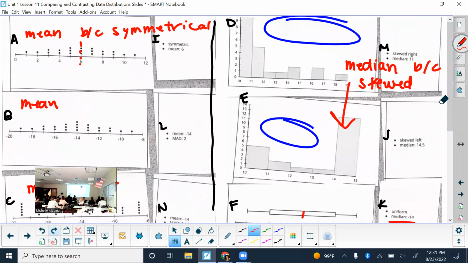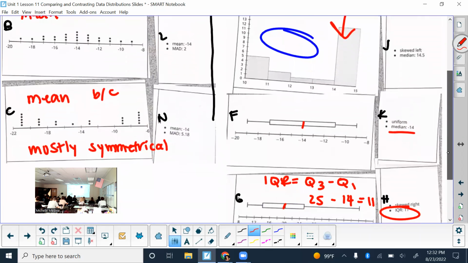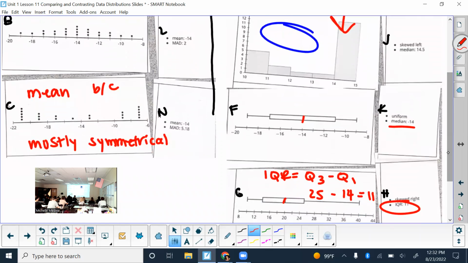All right, what about F? Does this one look symmetric? Whiskers are pretty equal in length. The box has a line in the middle of the box. So I would say this is pretty symmetrical. So in this one, we'd actually use the mean for the better measure of center.